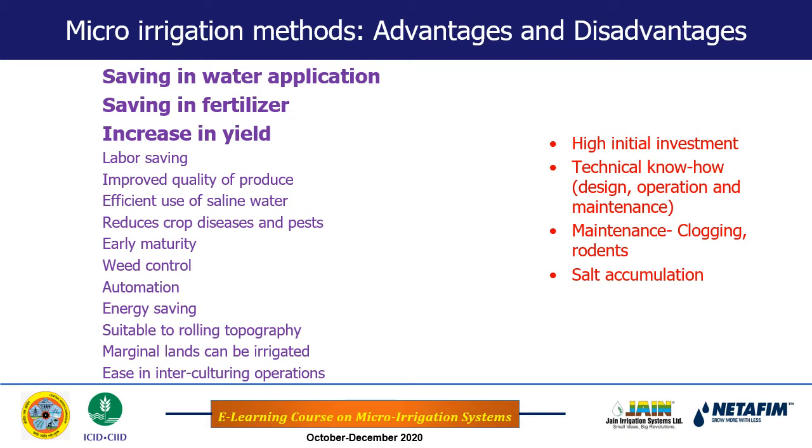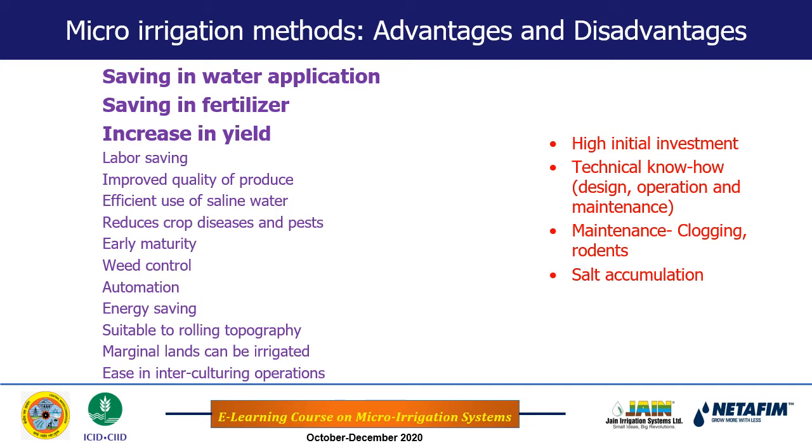The moisture content in the root zone will be at the desired level, and of course the plant will grow vigorously and will get the expected yield, which is much more than the yield that we get in the surface irrigation method, or for that matter in the sprinkler irrigation method as well.